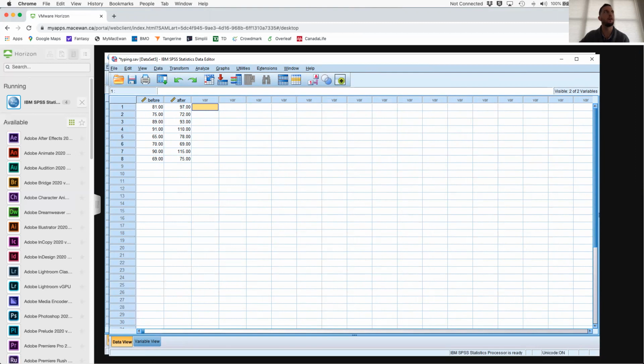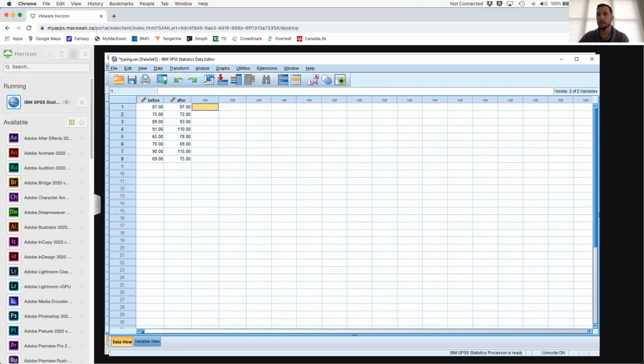So it's sort of like a score that assesses your rate of speed slash number of mistakes when you're typing. The after variable represents your scores for assessing that same ability after you took a typing course. Each of the 8 observations in the data set represent 8 different people that took this course.